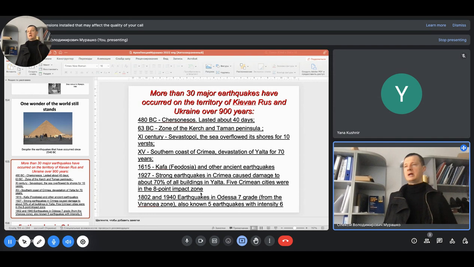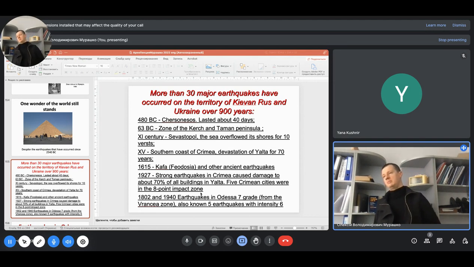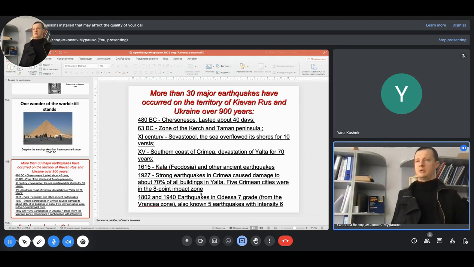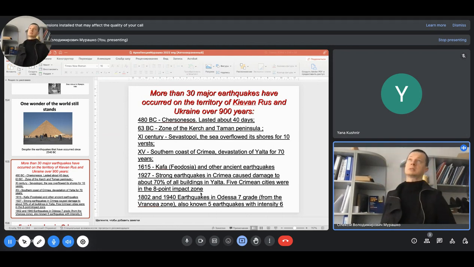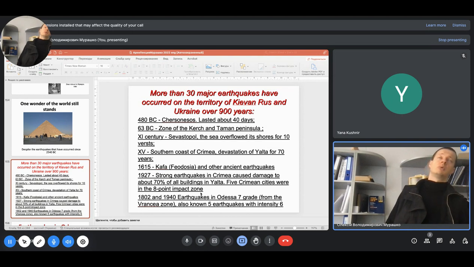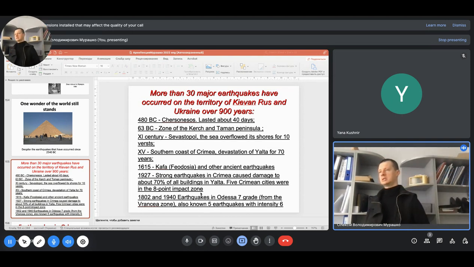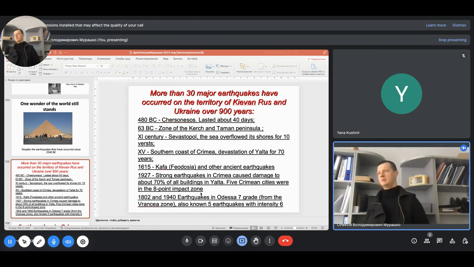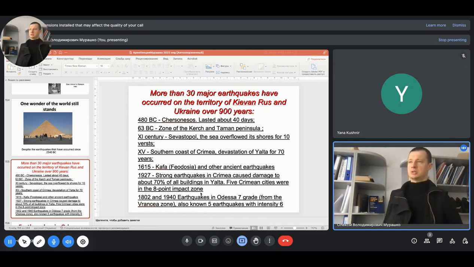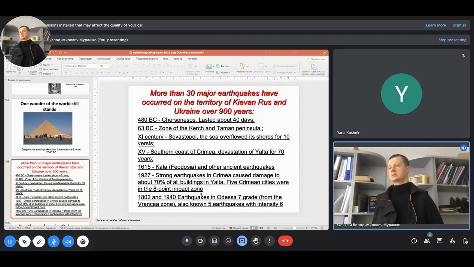It's only historical hyperbole which they used to describe significant earthquakes. Maybe today an earthquake, tomorrow an earthquake, in a week an earthquake, and during 40 days those earthquakes took place. Maybe, but a single earthquake of such long duration is impossible in that region. Also, one in 63 before Christ in the zone of Kerch and Taman Peninsula.